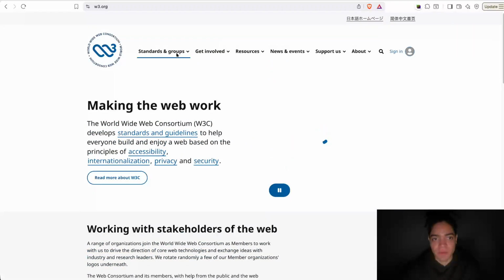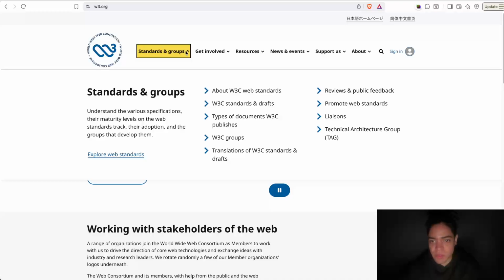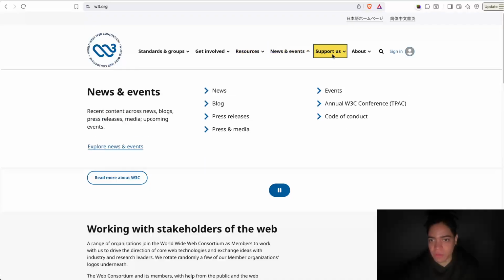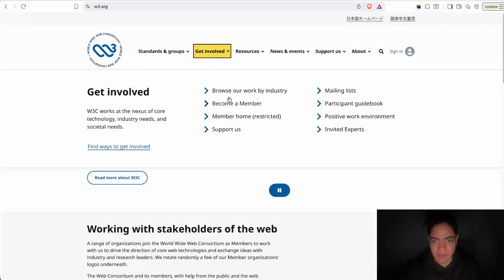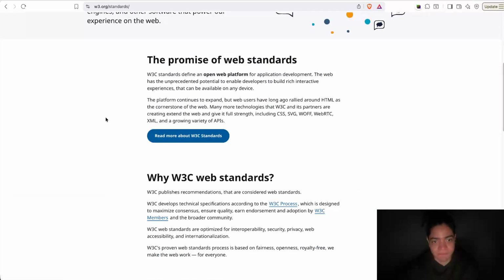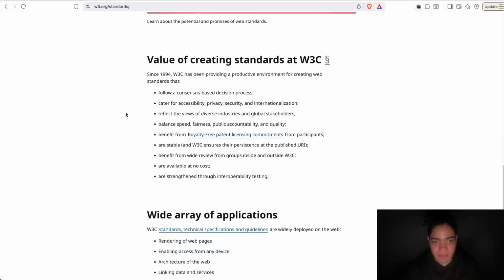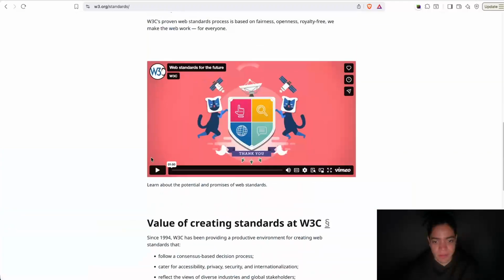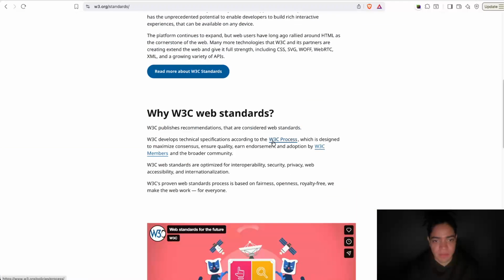So what I want to show here is, let me see. To get myself familiar with this page: get involved, become a member, standard groups, explore the web standards, right? Read more about the web standards and draft groups.